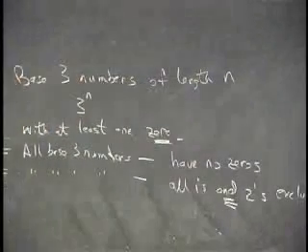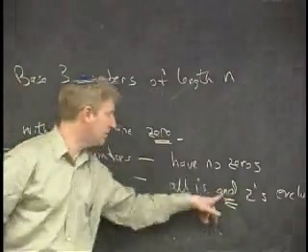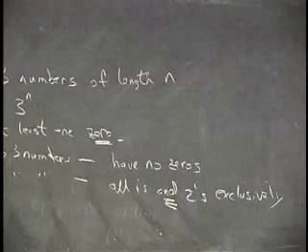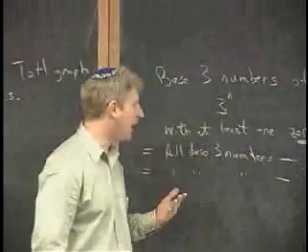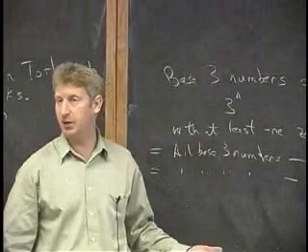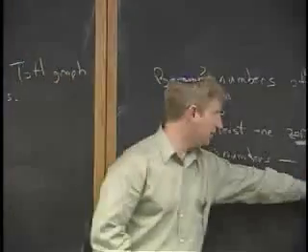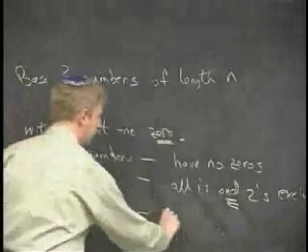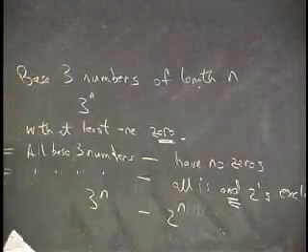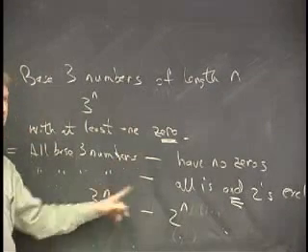So we've converted our way of looking into a problem using complement that turns our ORs into ANDs. If you only use 1s and 2s, that means we want to know how many numbers are there of length n that have just 1s and 2s in them. That's the same as how many numbers of length n that have just 0s and 1s in them. So what's this number? This is 2 to the n, and this number is 3 to the n. And that's the answer. Base 3 numbers of length n with at least 1 zero is 3 to the n minus 2 to the n.